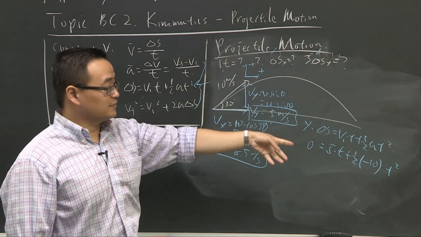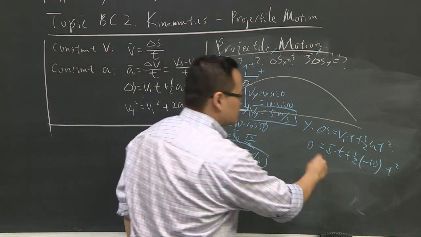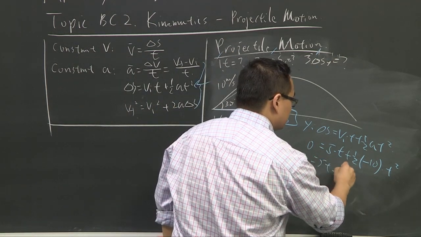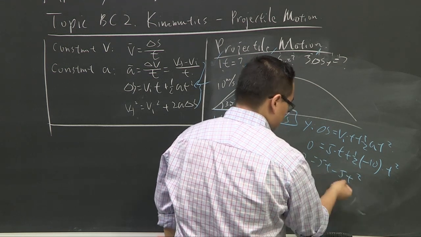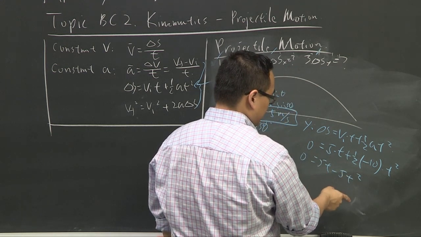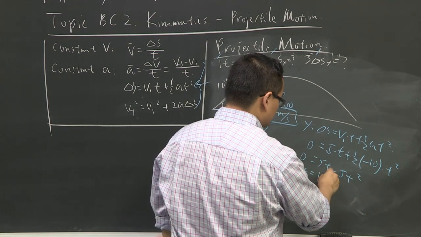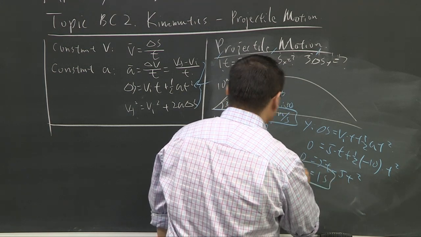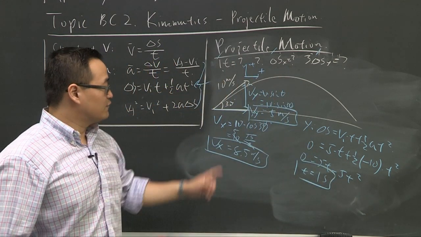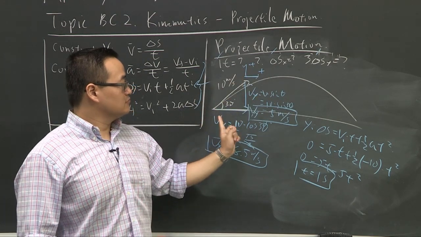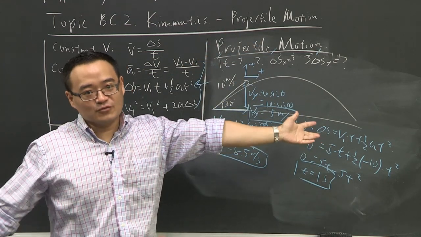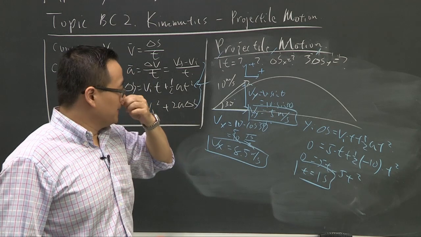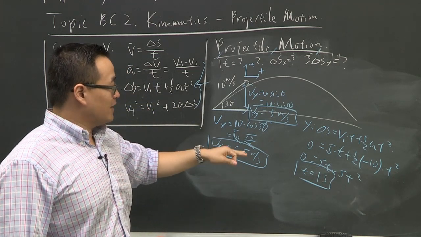You define going up as positive, so it's -10. Great. So you get 0 is equal to 5t minus 5t squared. If you factor out a t, t turns out to be 1 second. Done. Timing for this to take place is 1 second. I made up the number really simple, so there you go. Okay? That's great. You got the timing.